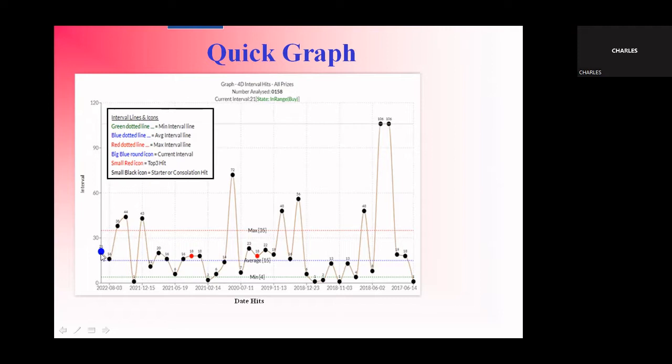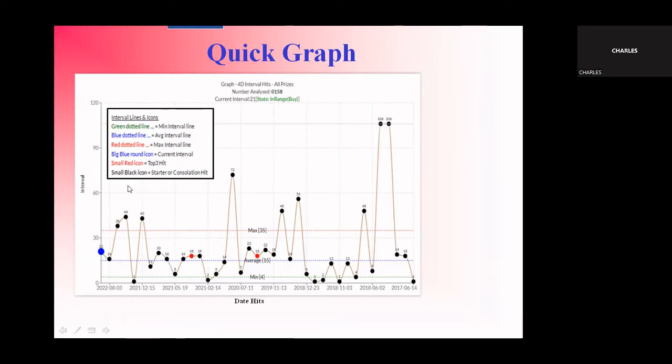By the way, you read the graph from the left to the right. So the current interval is the most recent interval of a number. So you read from here to the right all the way back to 14 June 2017. So it's about 5 years data from the latest until 5 years back.